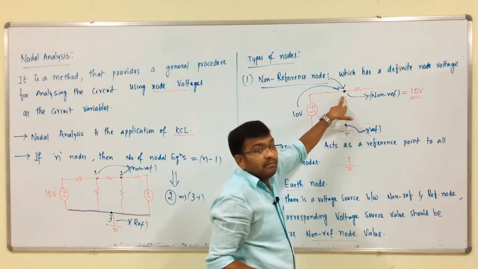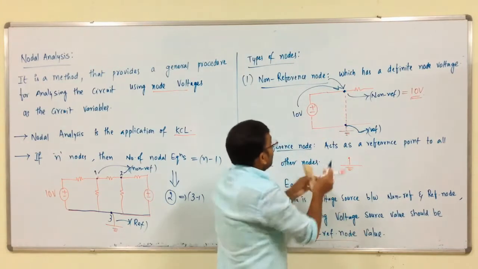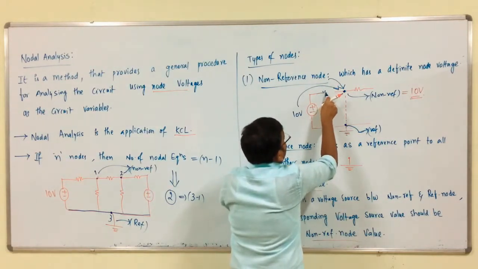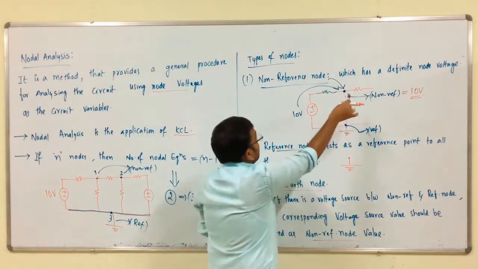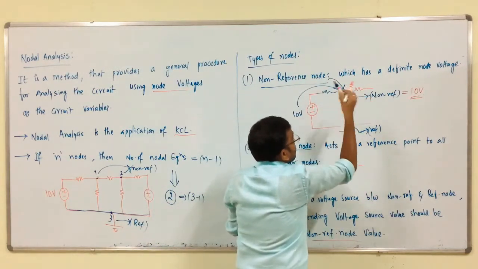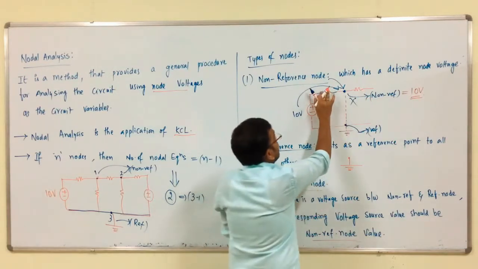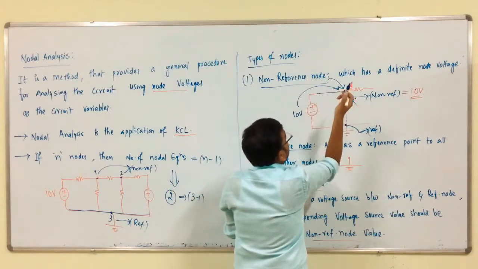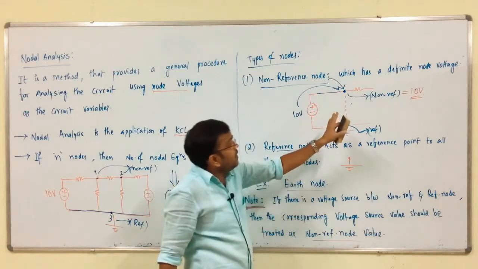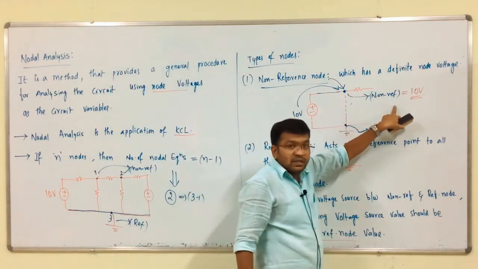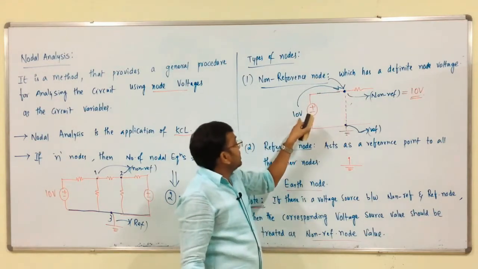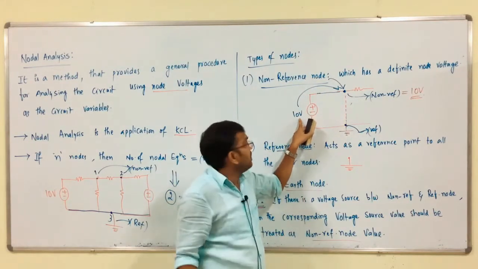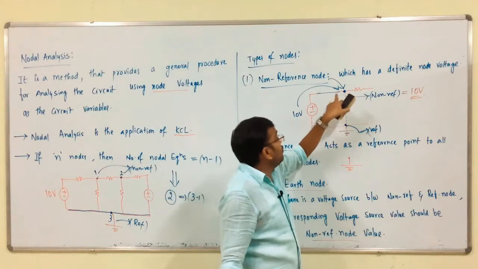Why? Because there is no drop. If there is a drop, the voltage would not equal 10, because here there is no voltage drop. If there is a resistance branch, obviously the same amount of voltage cannot be applicable to this node, because some voltage drop is there.